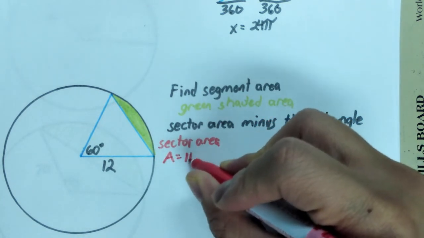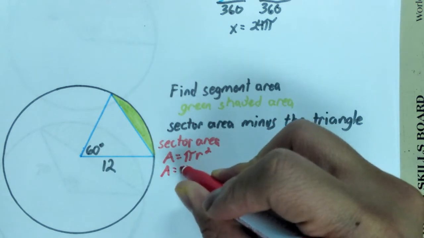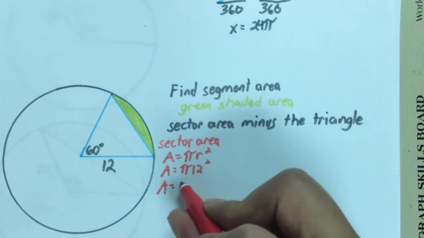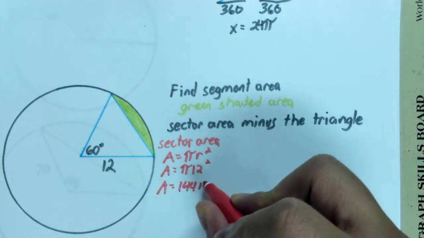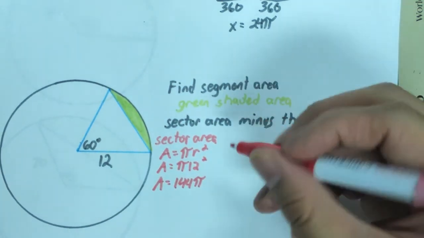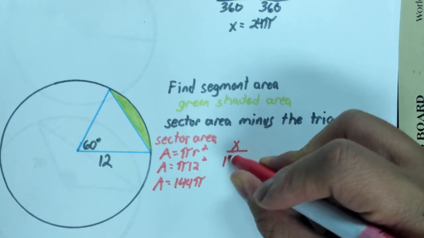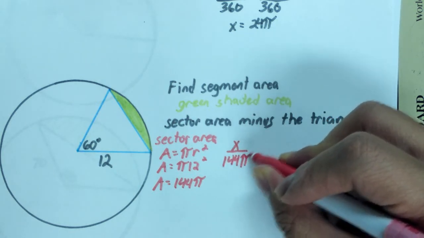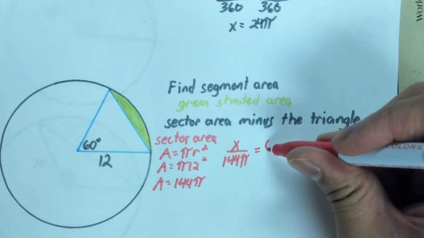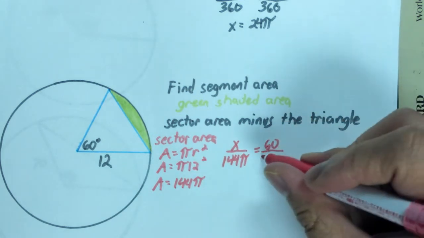Area equals pi r squared, which is pi times 12 squared, which gets me to 144 pi. That's the full part. Now I set up my proportion to find my sector. x over 144 pi, part of the circle over the whole circle, equals 60 over the whole circle 360.